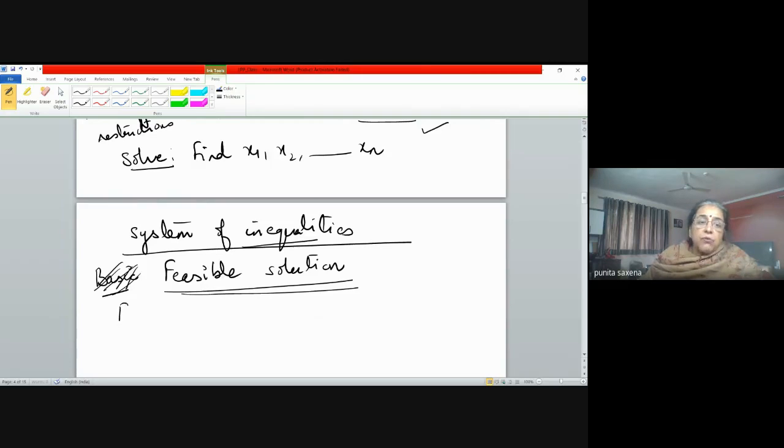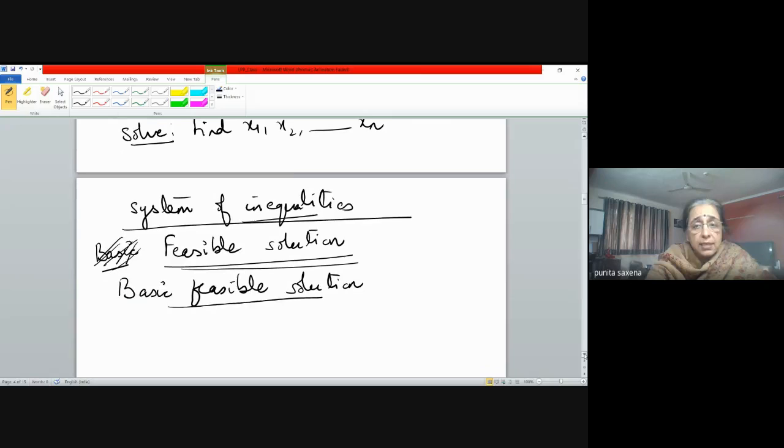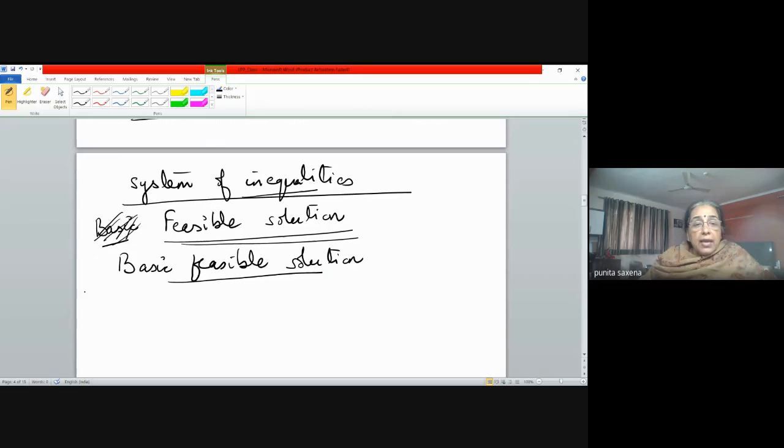In fact, we have another thing which we call as the basic feasible solution. I will not go into the details of this right away. When we solve the problems, then I'll explain one by one. कैसे अभी बताती हूँ. And any basic feasible solution that optimizes, that meets your objective function is called as an optimal basic feasible solution.